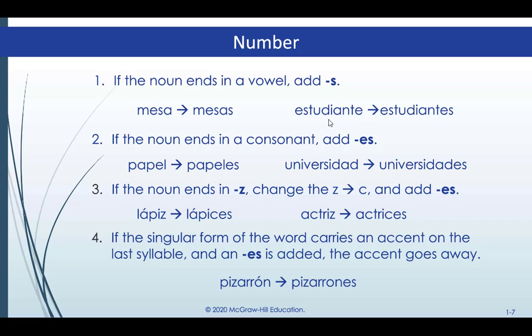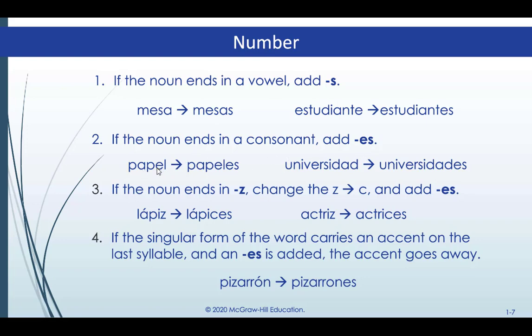Same thing with estudiante, student. How do we say students? Estudiantes. Good. If the noun ends in a consonant, any other letter, like an L or an R or an N or an S, you just add ES.